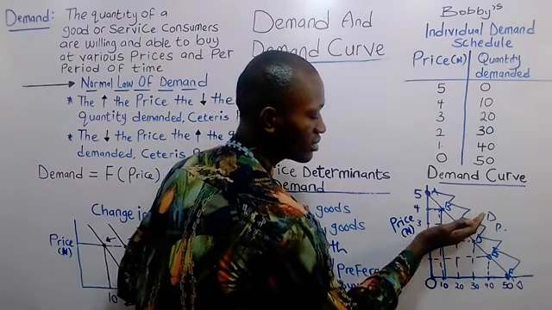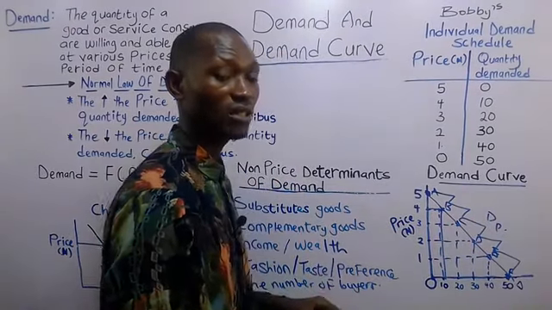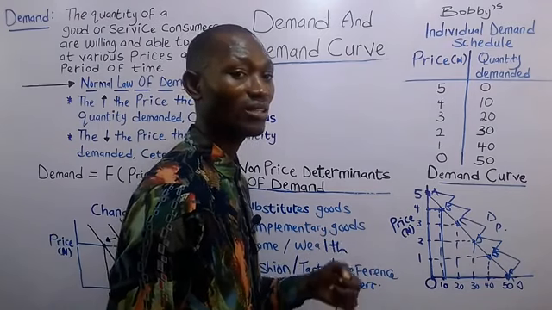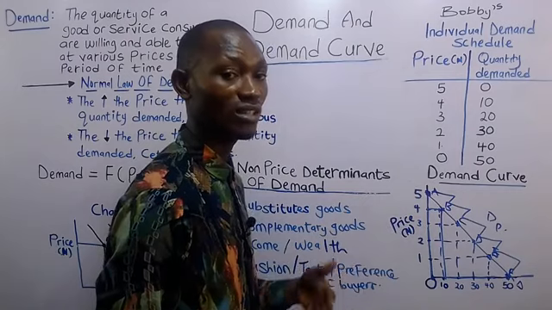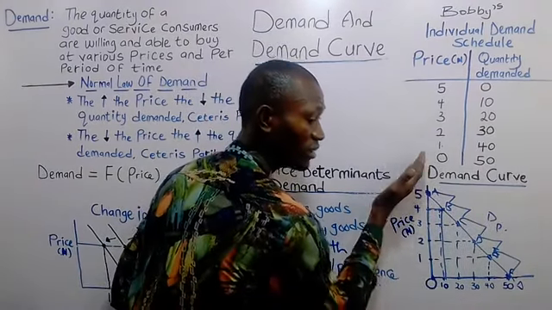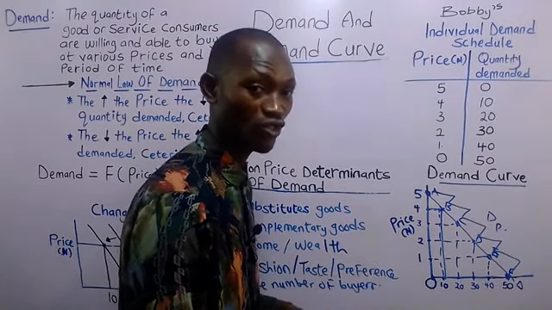Also, this is upward movement, from here upward. Upward movement means a decrease in the quantity demanded, and that is primarily caused by an increase in the price of the commodity in question. So upward movement is called a decrease in quantity demanded, and it is also called contraction.